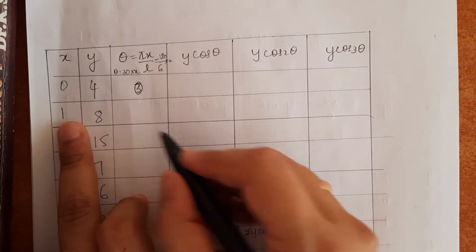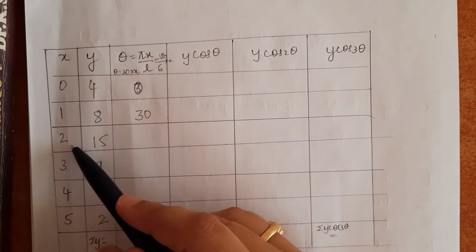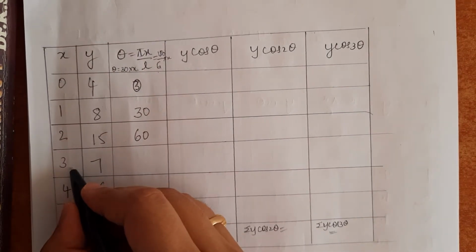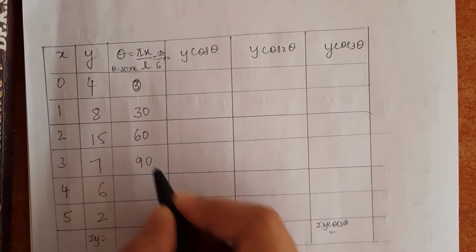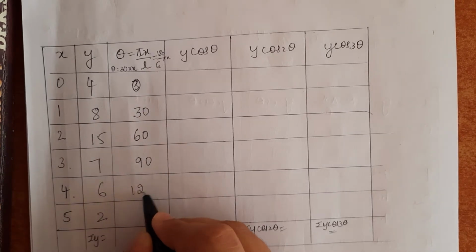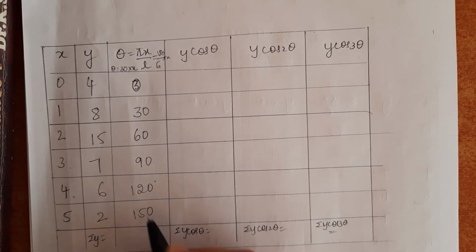When x is 1, theta is 30. When x is 2, theta is 60 degrees. When x is 3, theta is 90 degrees. When x is 4, theta is 120 degrees. When x is 5, theta is 150 degrees.